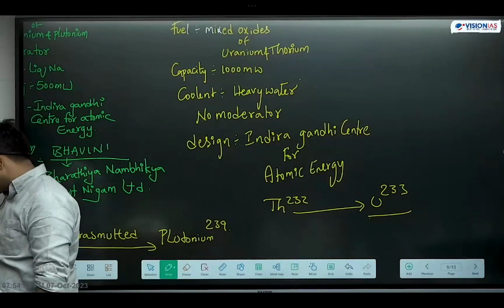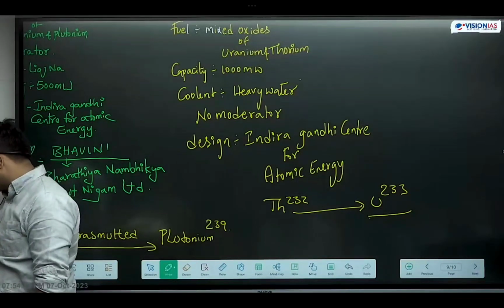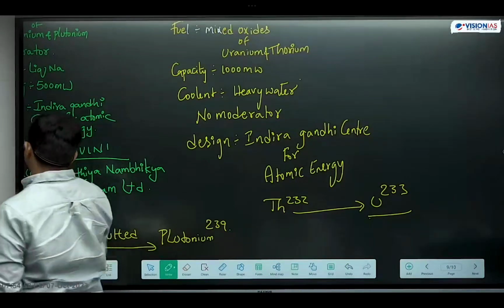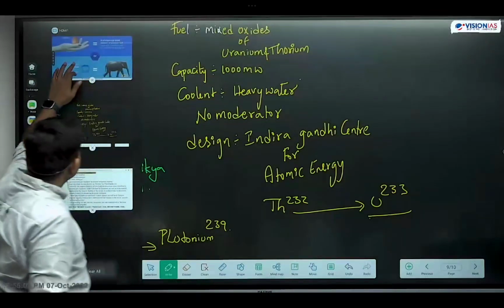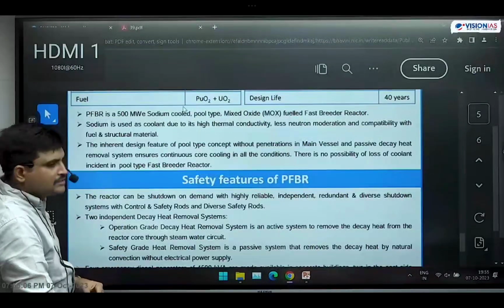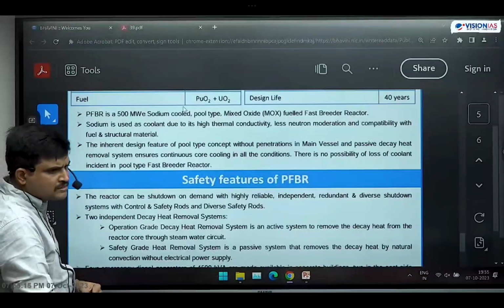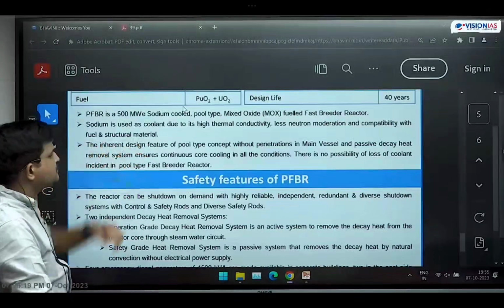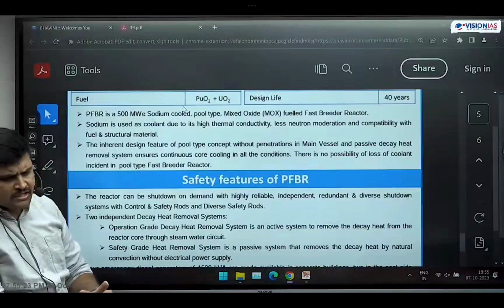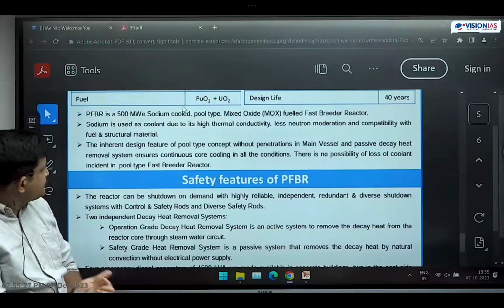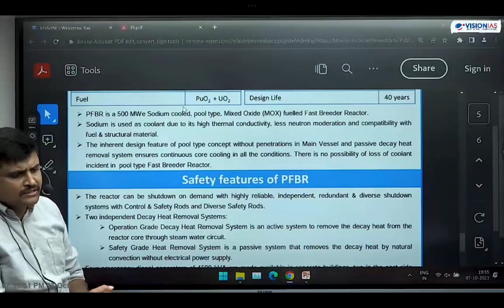Next one is it cannot moderate the neutron's speed. Next one is compatibility with fuel and structural materials. And it enhances the safety of nuclear reactors.